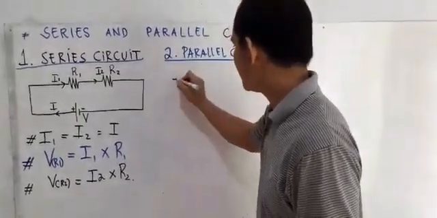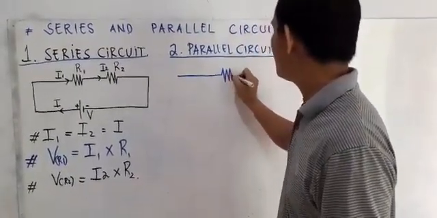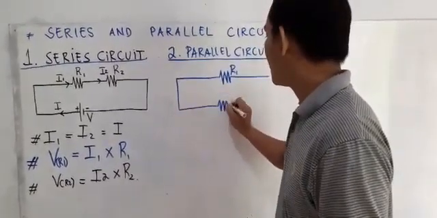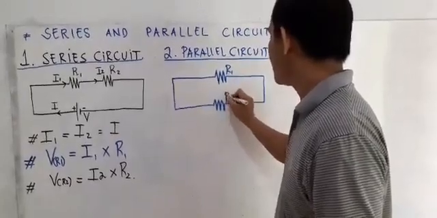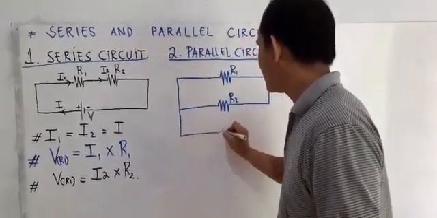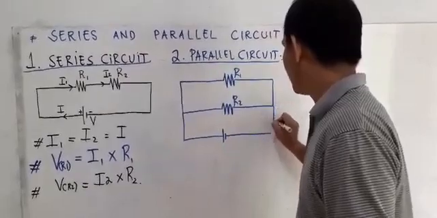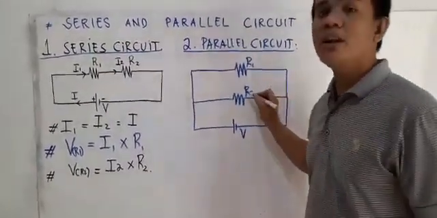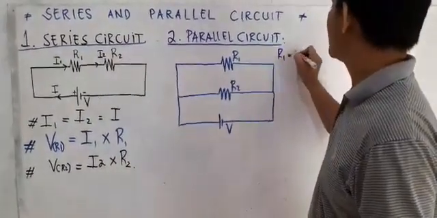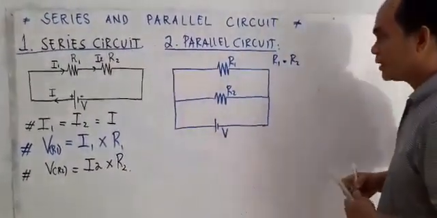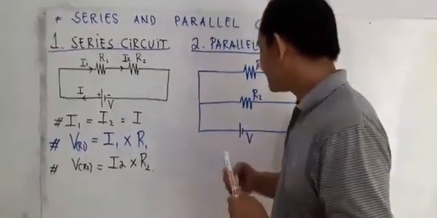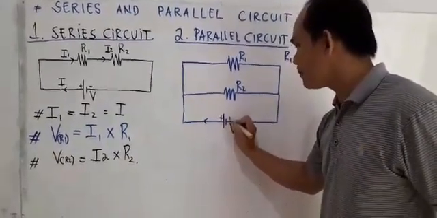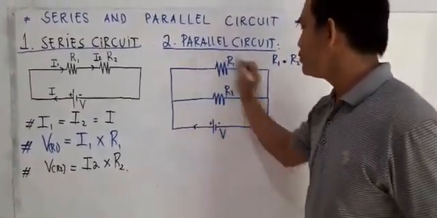For the first case, it is like this. If I have two resistances, let's say R1 and R2, and voltage here and here. If R1 is the same as R2, then the current flows from the high potential, which is positive, to the negative one.